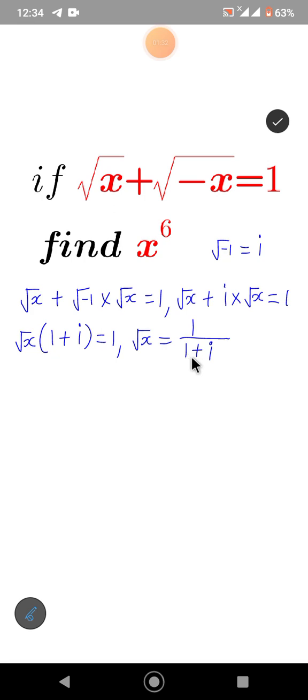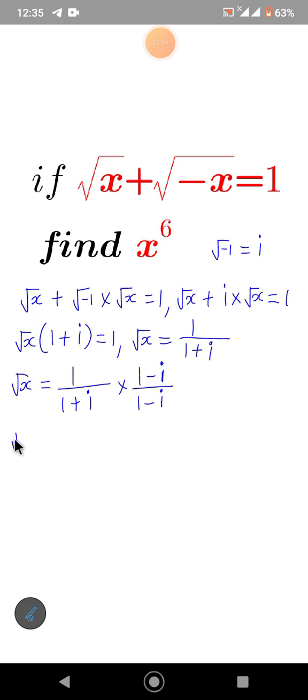Then the next thing I'm going to do, I'm going to rationalize the right hand side. So we can say that square root of x equals 1 all over 1 plus i, multiplied by 1 minus i all over 1 minus i. Now, this will multiply this.